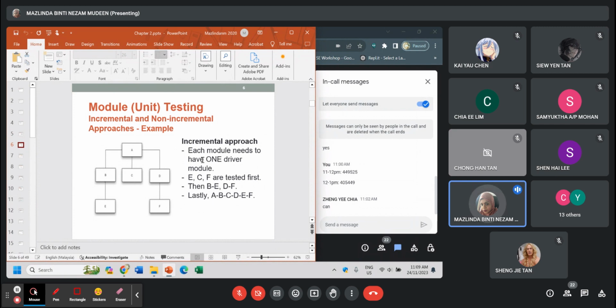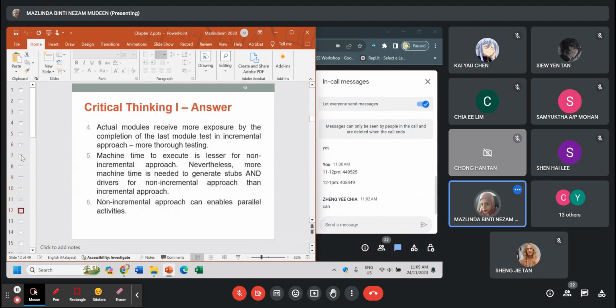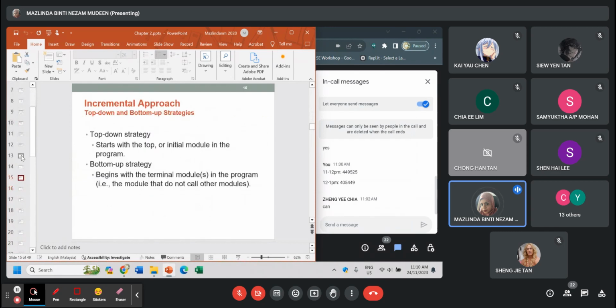Every time we want to test using the incremental approach, we always have a strategy we can choose to use. Either we test from top to down, or from bottom to up. I think you have discussed this during your software engineering before. Let's see how this strategy works. We have 2 different strategies.